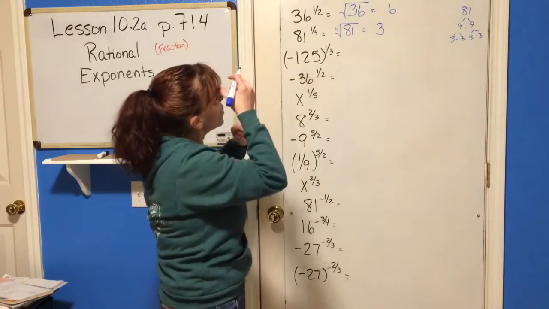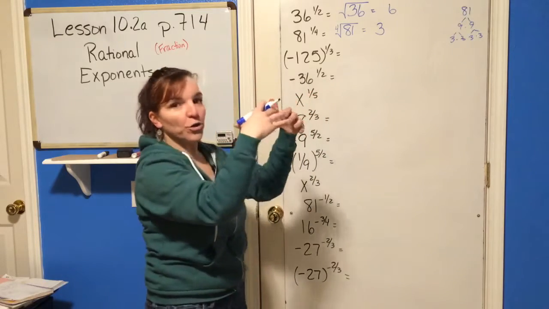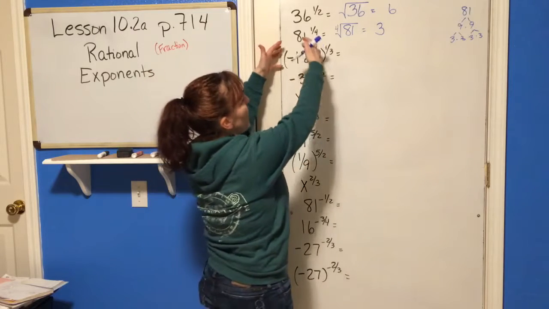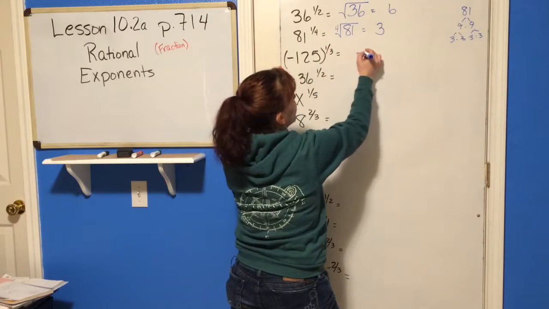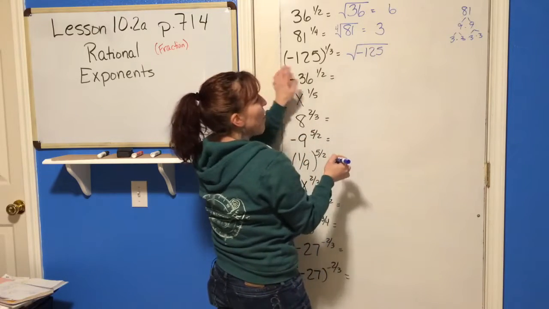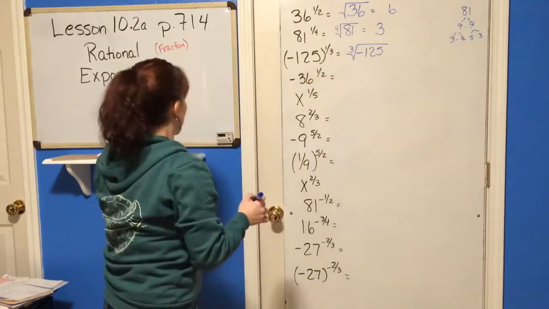All right, negative 125 to the 1/3 power, and now be careful where your parentheses are. These parentheses are around the whole thing, so that means the whole negative 125 is under the root box, and this is a 3rd root, or a cube root.